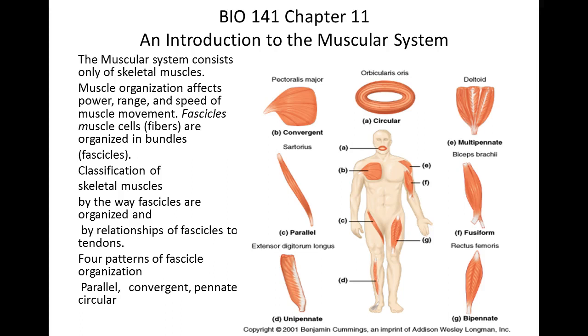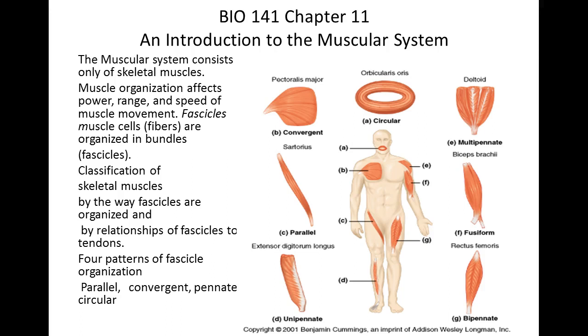With convergent, you have broad muscle areas on the attachment site, like the aponeurosis, and fibers can pull in different directions depending on how they're stimulated. So fibers can pull in multiple directions.